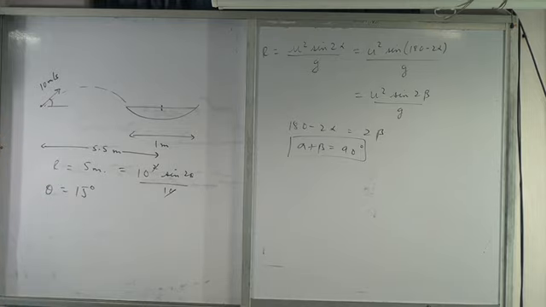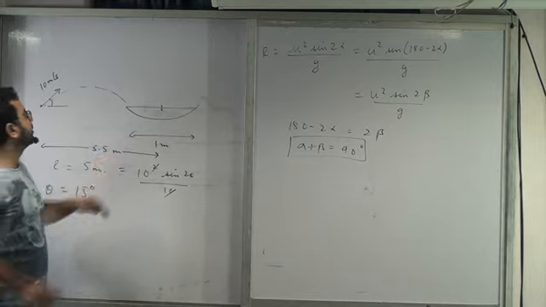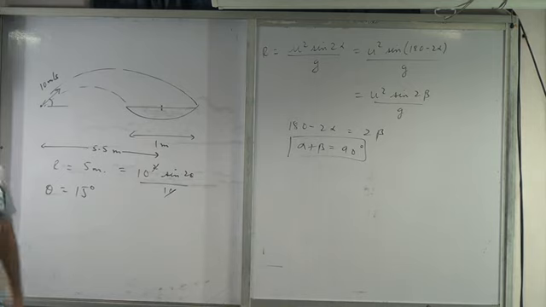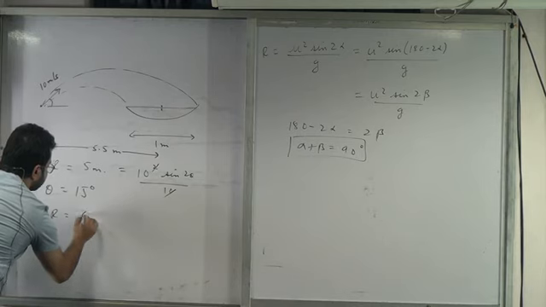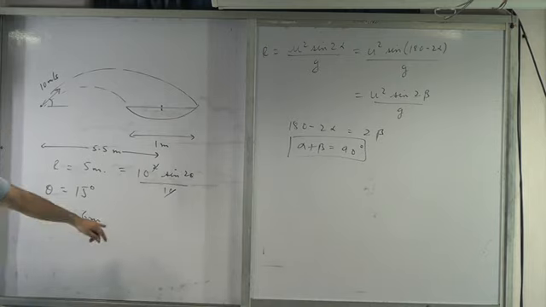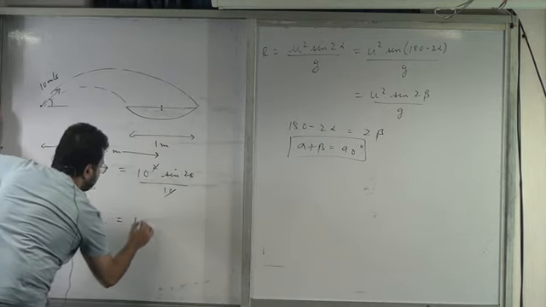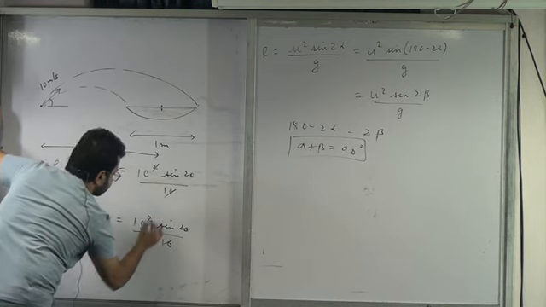Now let's increase the angle. Suppose it reaches the right end. Then what will be the range? The range would be 6 meters. And then if we calculate the angle, this will be equal to 10 square sine 2 theta by g. This cancels out.